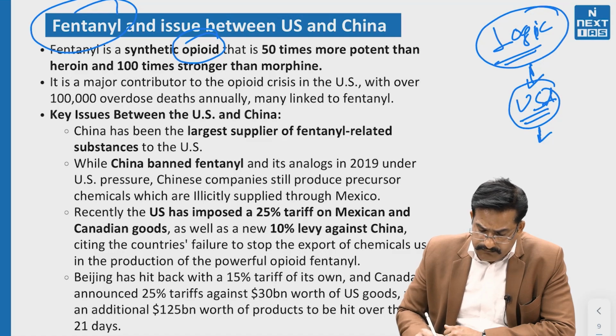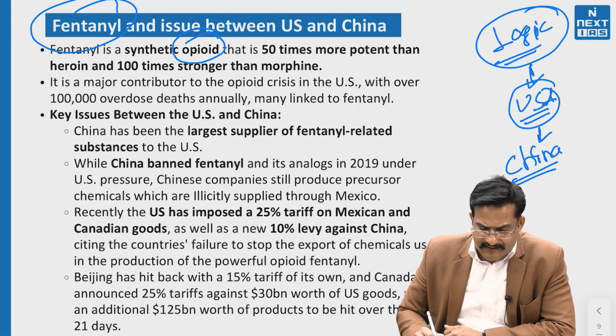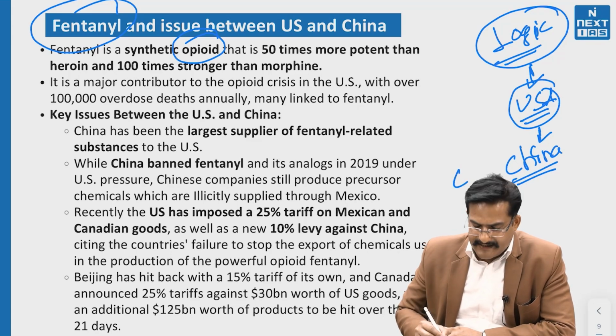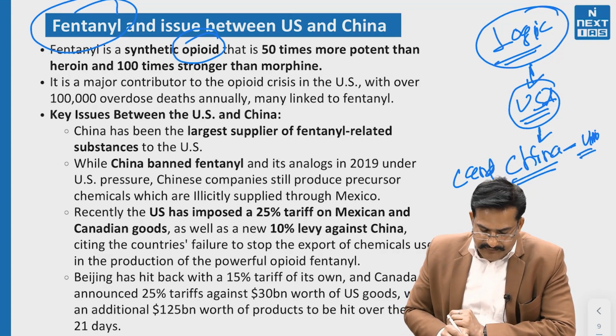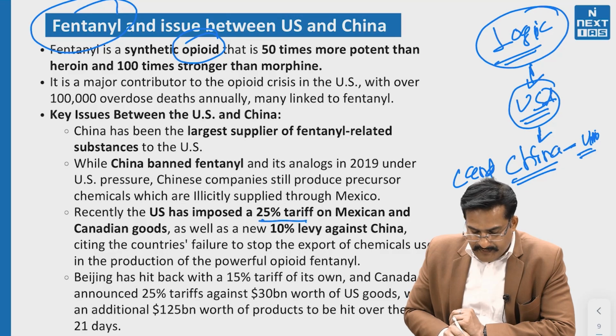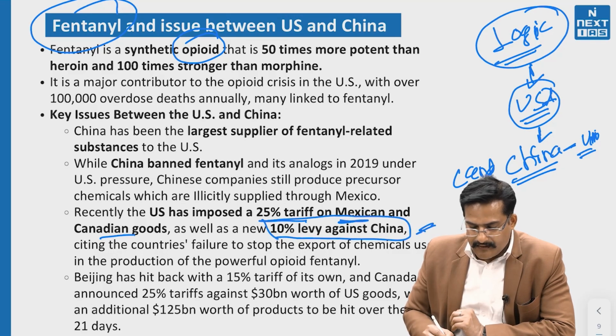And the US accused China of supplying this drug via Canada as well as via the border of Mexico, and in turn he proposed a 20% tariff on the Mexico and Canadian routes and an additional 10% levy against China.